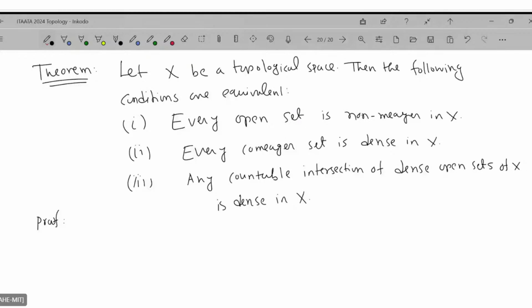One implies two. So we assume that every open set is non-meager.